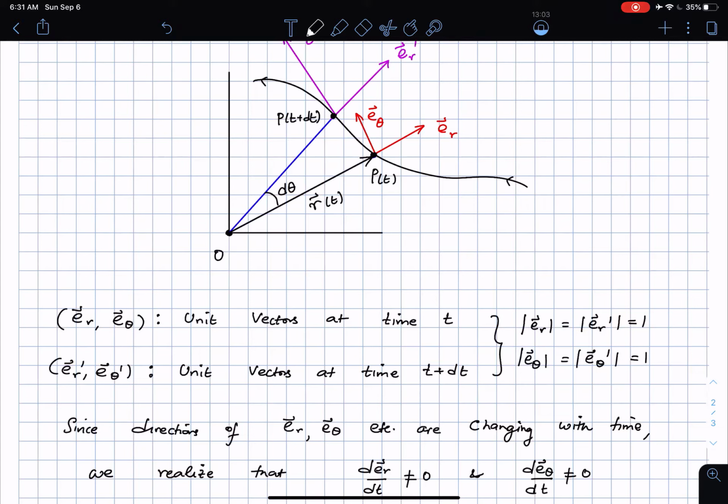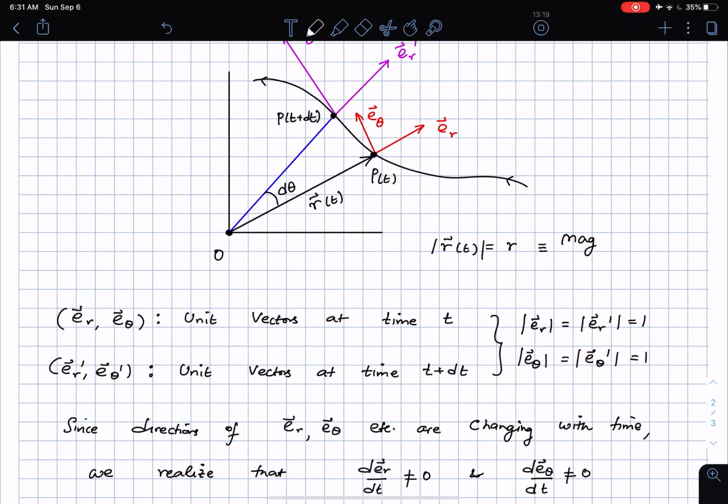So the magnitude of the position vector r of t is r, the magnitude of the position vector at time t. That's also an important piece of information.